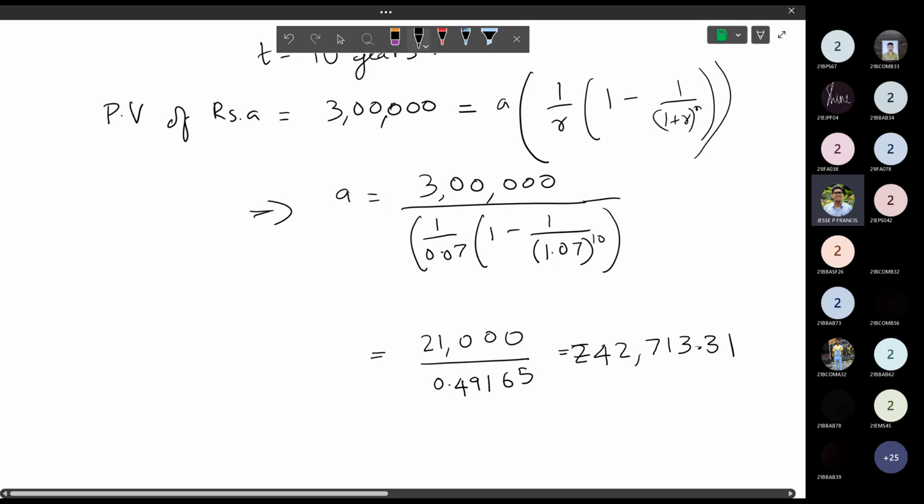Can someone verify? 42713.25. Yeah, minor changes will be there, depending on the calculator's precision.